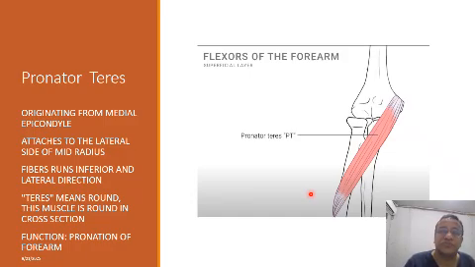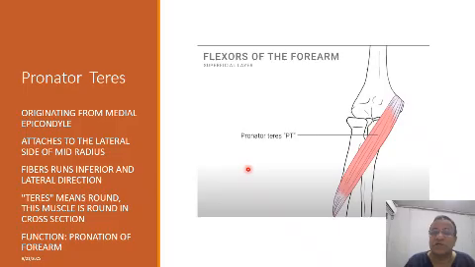The main function of the muscle is pronation of the forearm. Teres means rounded. If you do a cross section of this muscle, you can see it as a rounded muscle. So this muscle is named pronator teres.